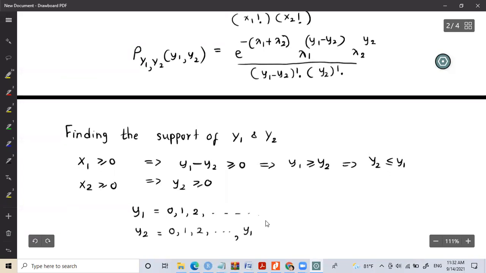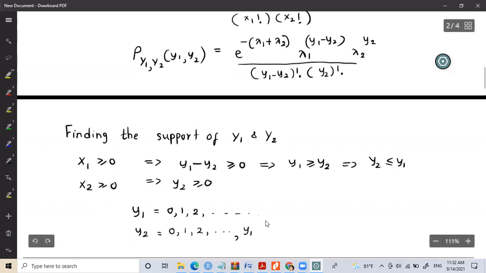So whatever value you have for y1, y2 should stop there. If y1 is only 0, y2 will also be 0. If y1 goes from 0 up to 5, y2 will go also from 0 up to whatever the limit of y1 is. Okay, so that is how you find the support of y1 and y2.